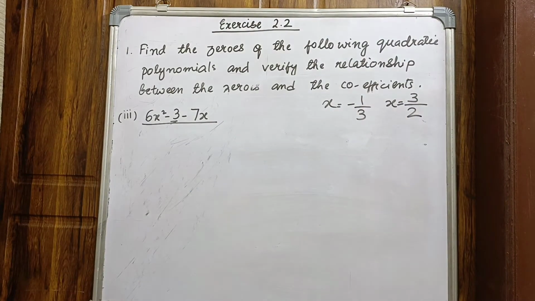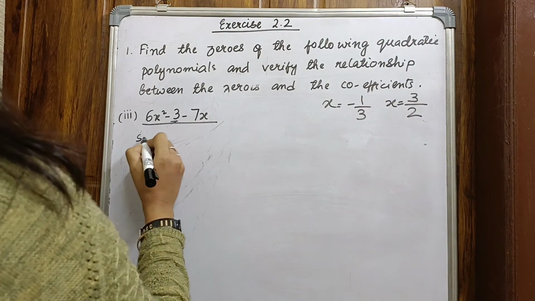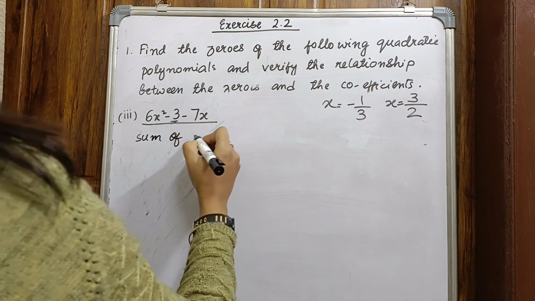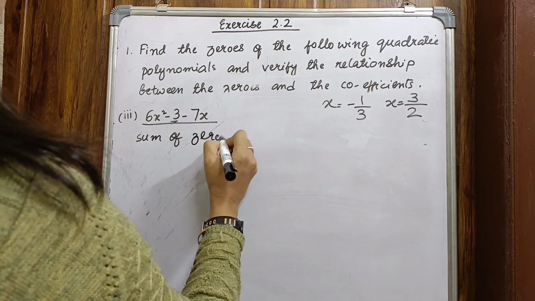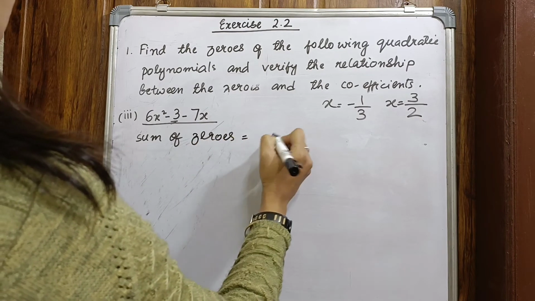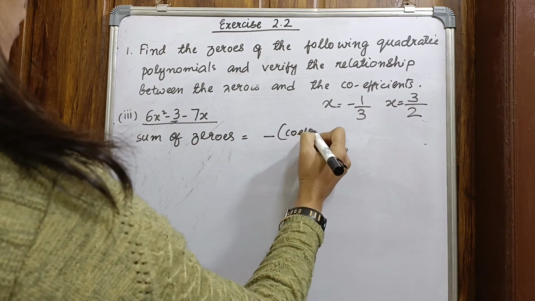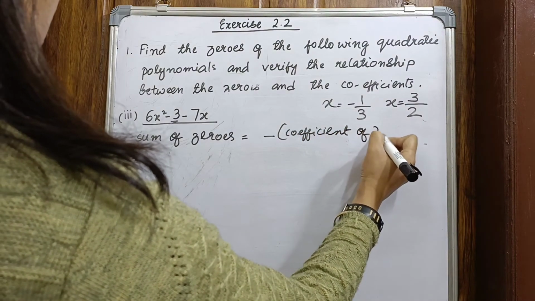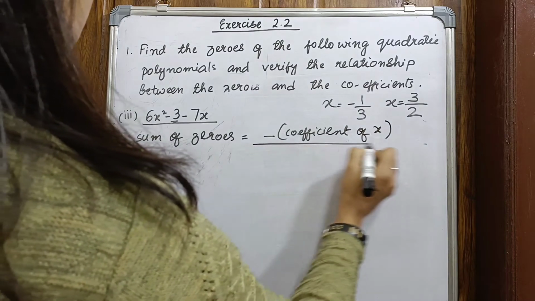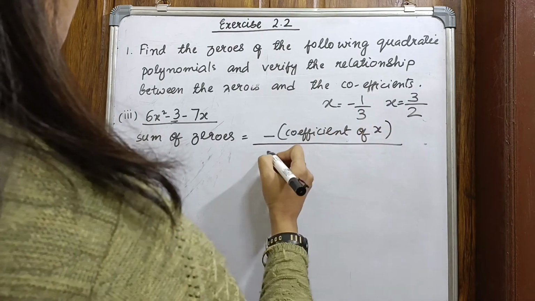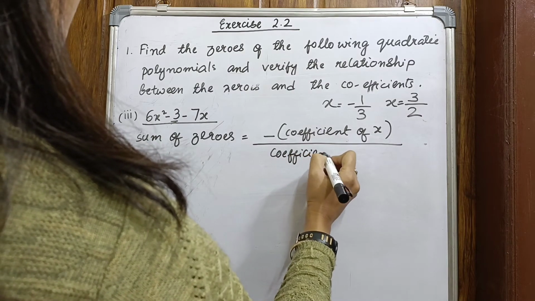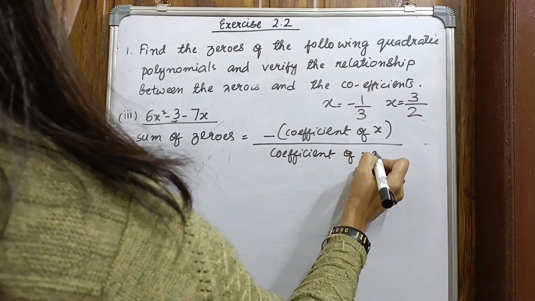Now we'll verify these two terms. Sum of zeros equals minus of the coefficient of x by the coefficient of x square.